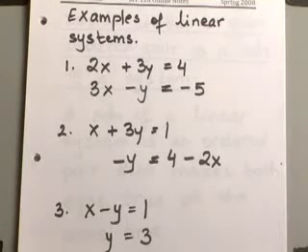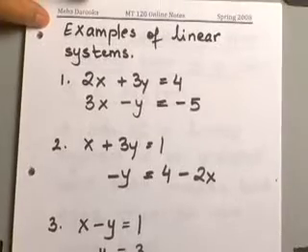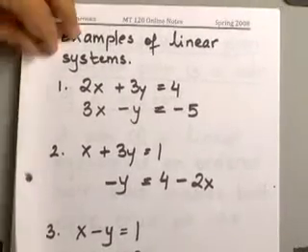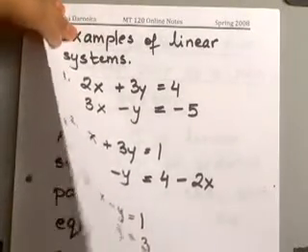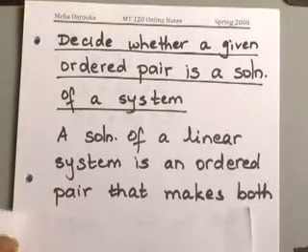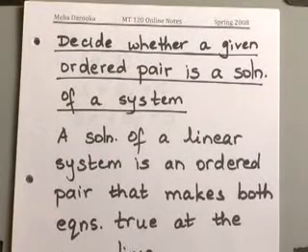Now let's go ahead and talk about what a solution to the linear systems will look like. Depending on what kind of a system you have, you can have an ordered pair as your solution to a given system.